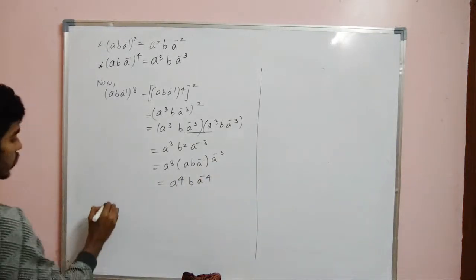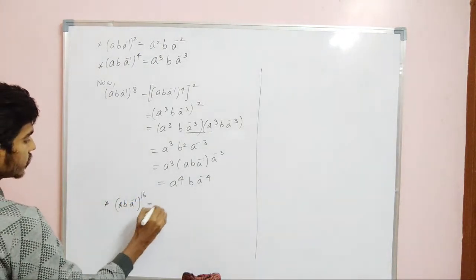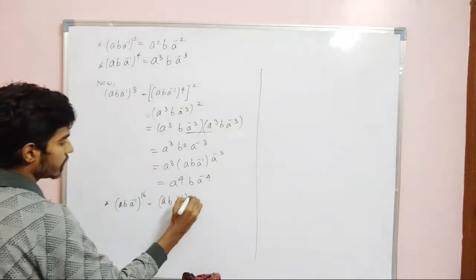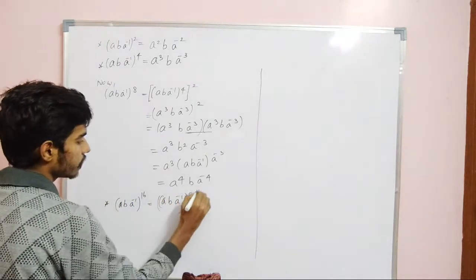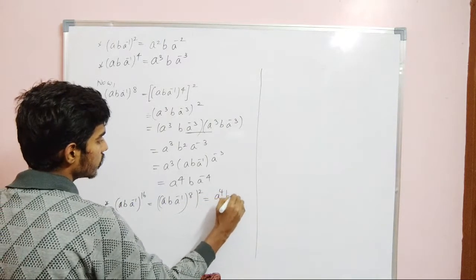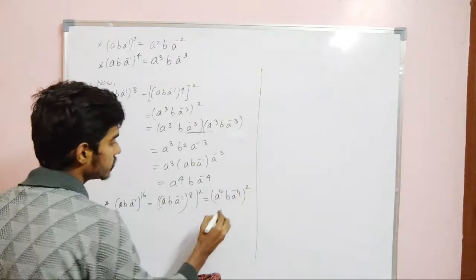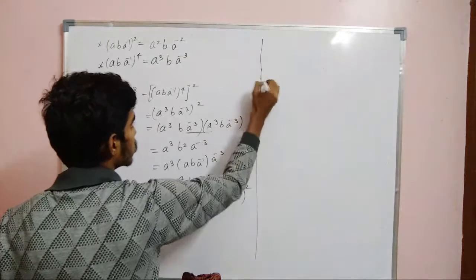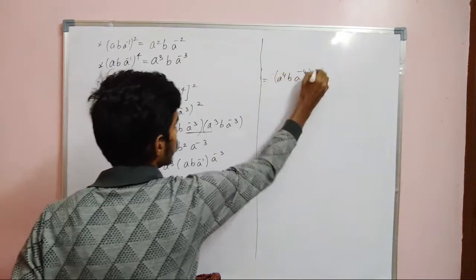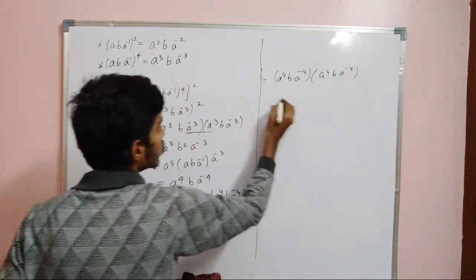Now we are going to find the value of (ABA⁻¹)¹⁶. I can write this as ((ABA⁻¹)⁸)². So (ABA⁻¹)⁸ is (A⁴BA⁻⁴)². So this is A⁴BA⁻⁴ into A⁴BA⁻⁴.